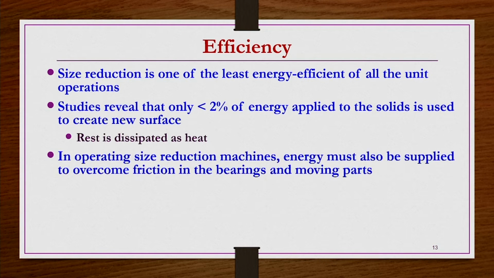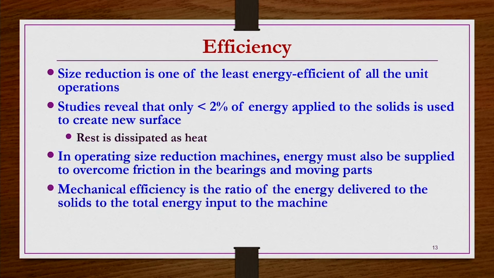In operating size reduction machines, energy must also be supplied to overcome friction in the bearings and moving parts, as I already mentioned. Mechanical efficiency is the ratio of the energy delivered to the solids to the total energy input to the machine. Since we have already seen that only a fraction of energy is utilized by the solids for a given size reduction operation, that utilized energy divided by the total energy supplied to the equipment gives a measure of mechanical efficiency.